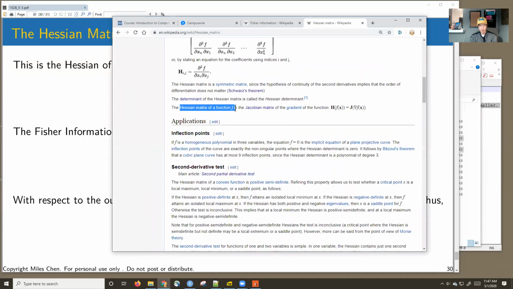The Hessian matrix of a function f is the Jacobian matrix of the gradient of the function. I'm pretty sure.